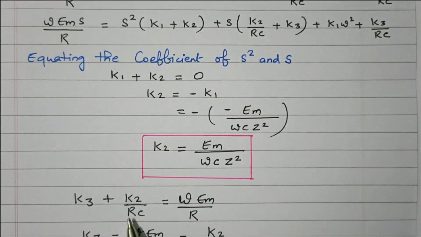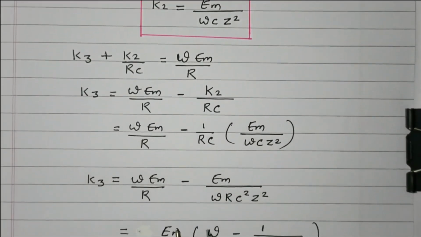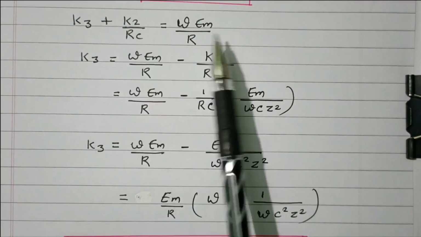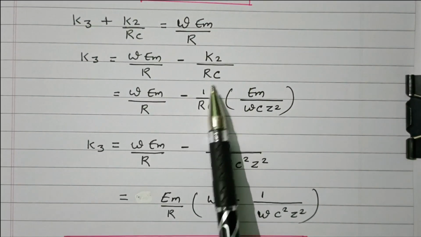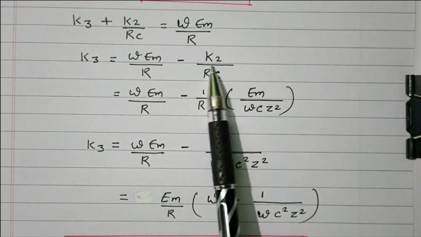Right. What we need is K3, so bring this term to that side. So minus K2 by RC. Omega Em by R minus K2 by RC, substitute this K2 value.